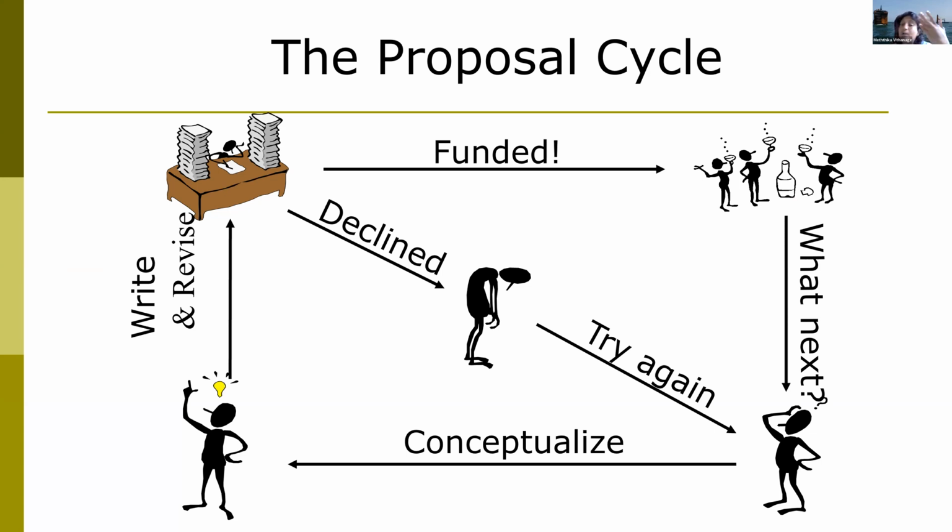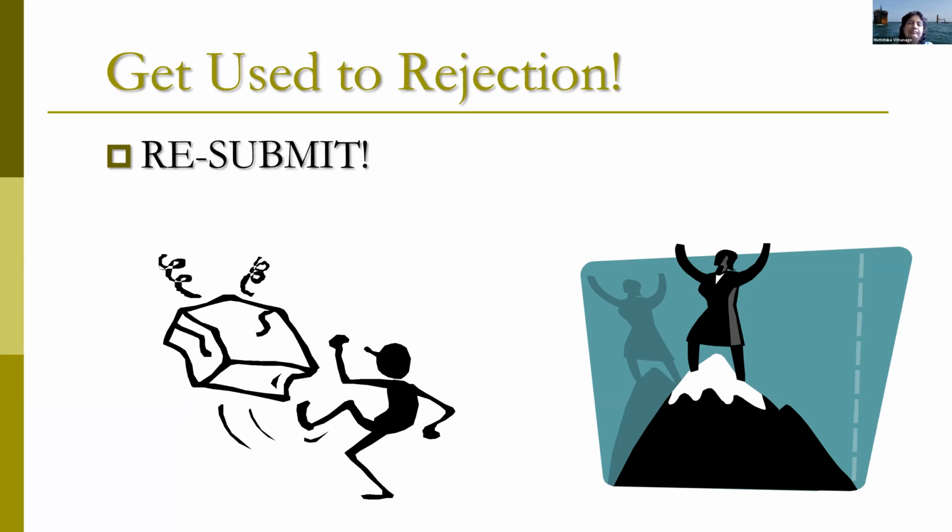You have to conceptualize again and rethink what the reason for the decline was. Maybe the novelty, maybe the writing structure and so on. This is a cycle that goes around and around. So writing and revising is the most important thing.